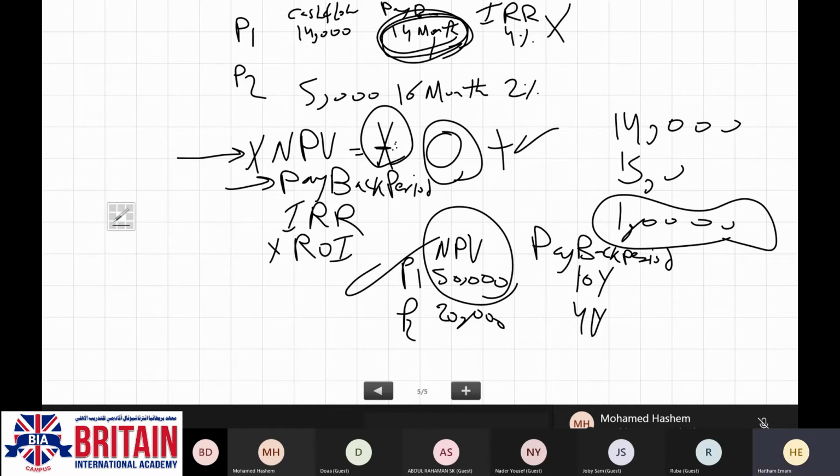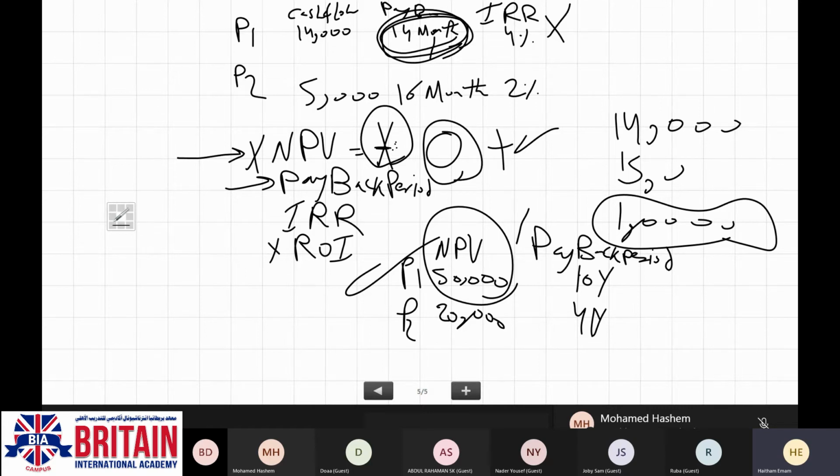Additionally, if the comparison depends only on the payback period without the NPV, then it's fine. I'm going to select the project which has the shorter payback period.